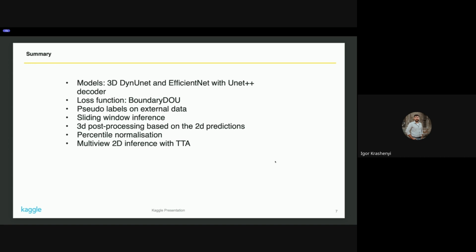Also useful were the pseudo labels on external data that was shared by organizers on the platform, sliding window inference, 3D post-processing based on 2D predictions, percentile normalization for the input images, and multi-view inference for 2D images and TTA.